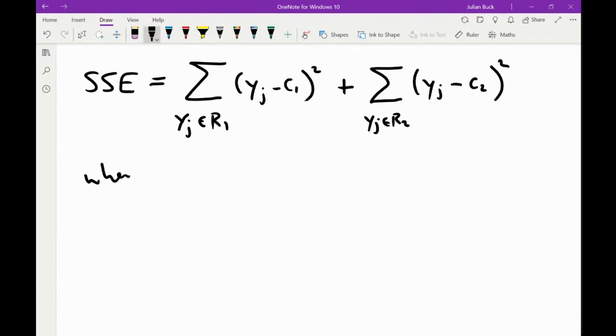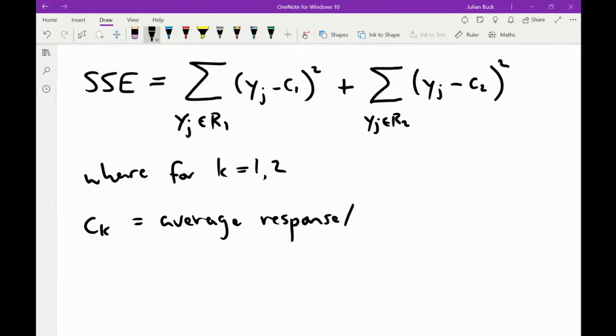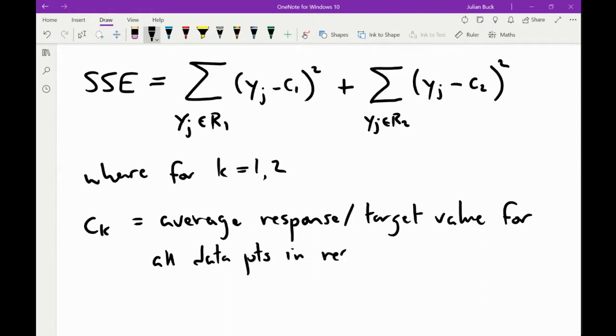So where, for k equals 1 and 2, what do I mean by C sub k? This is the average response value, or target value, whatever term you like, for all data points in region Rk.